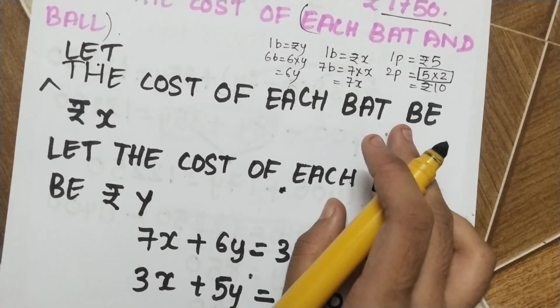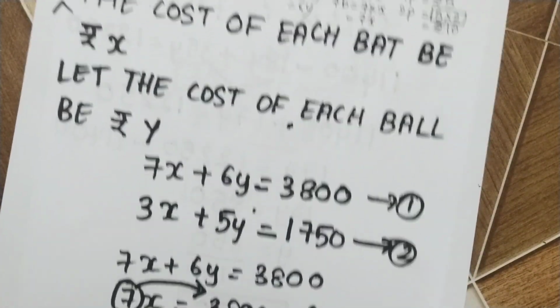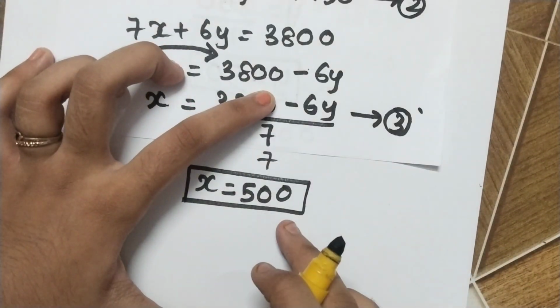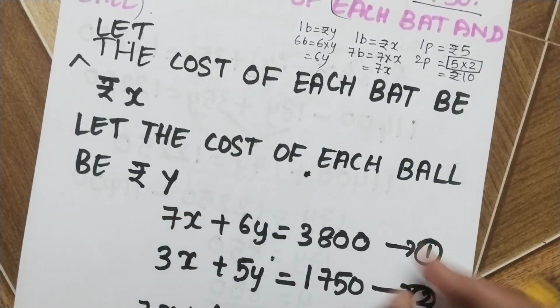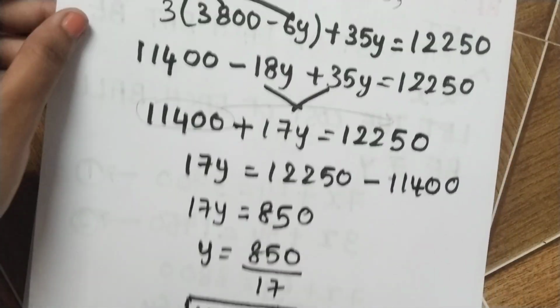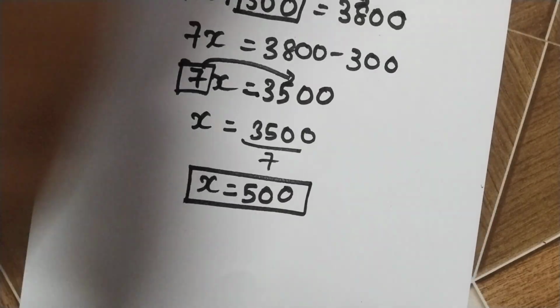So here cost of each bat is rupees x. So I got x is 500 and cost of each ball is y. So y value is nothing but what? It is 50. So just write it.